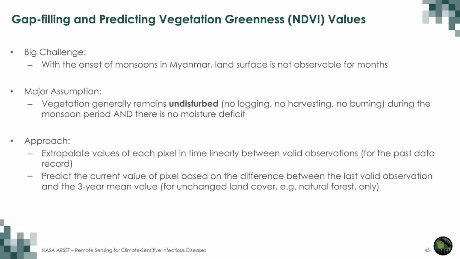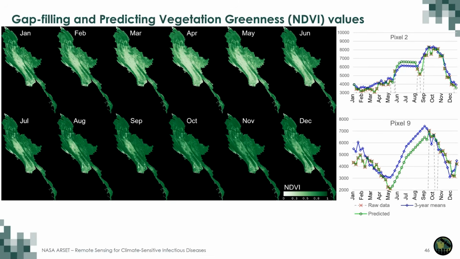We have an observation on day 1 and an observation on day 2, and we are assuming that the greenness between the two subsequent observations over the same pixel is going to change linearly, and we can then use that and the 3-year average situation to predict the current value of the pixel when it's obstructed by cloud cover. And this is what it looks like.